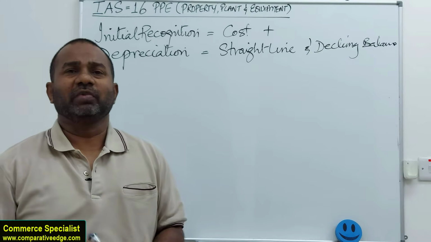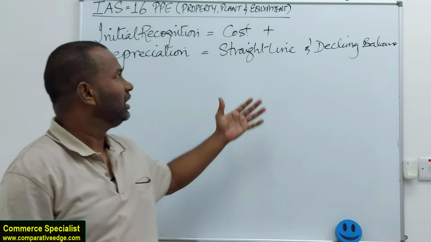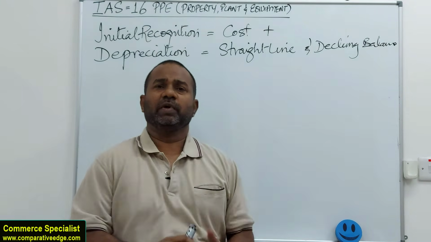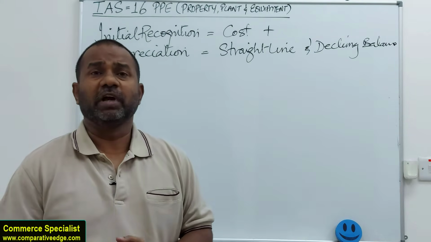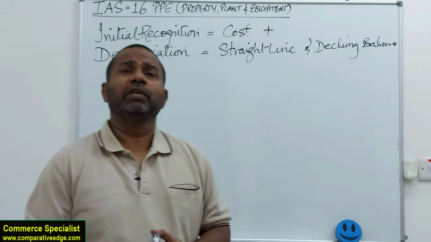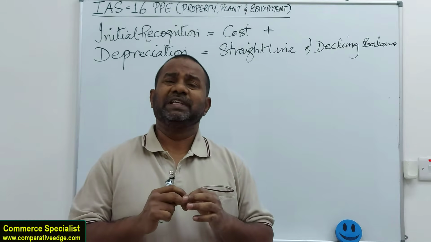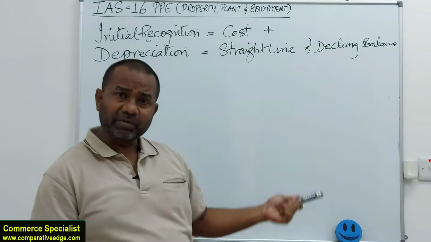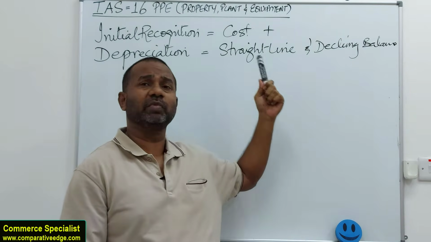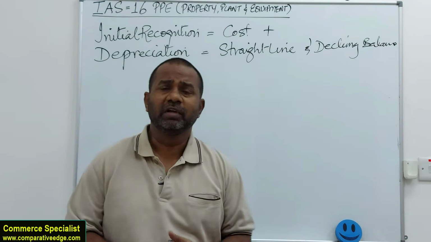Generally, IAS 16 recommends companies can use either straight line or declining balance method to depreciate the non-current assets. If you have seen my previous video, I have given you a detailed numerical example on what is depreciation, how to calculate depreciation by straight line, declining balance method, and so forth.